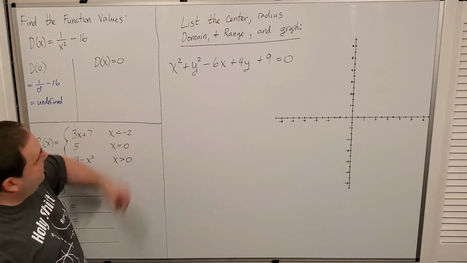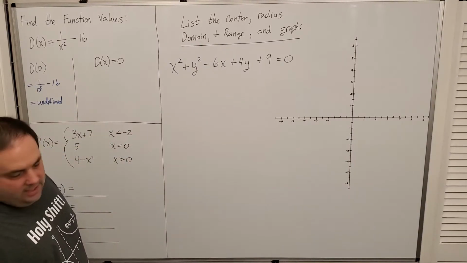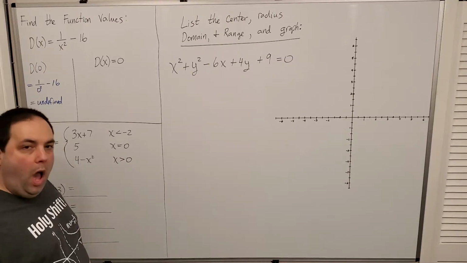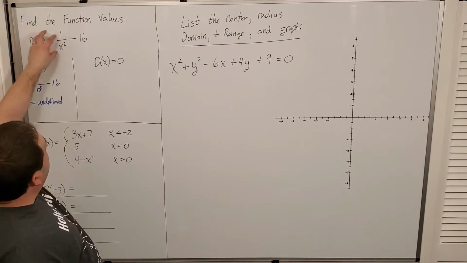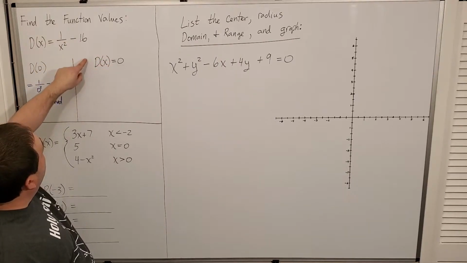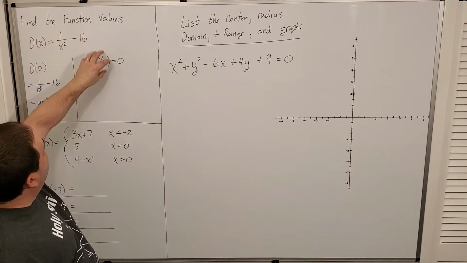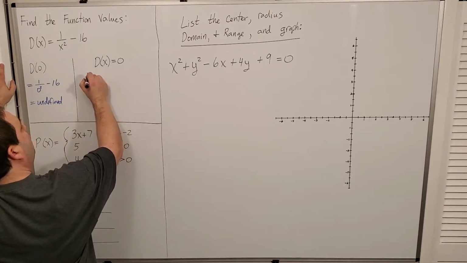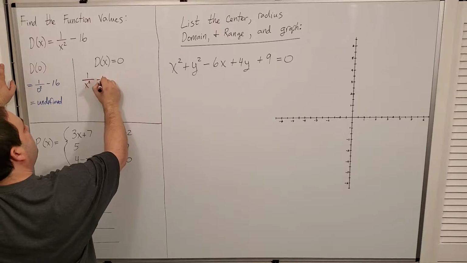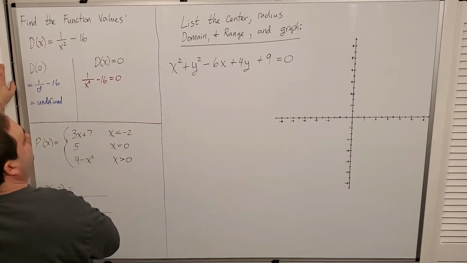Next, d of x equals 0. This is what's going to happen when I let y be 0. The easiest way to imagine this is like substitution. Substitute in for d of x this function. So I'm letting this function 1 over x squared minus 16 equals 0.